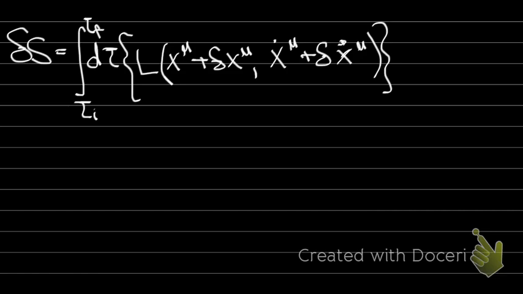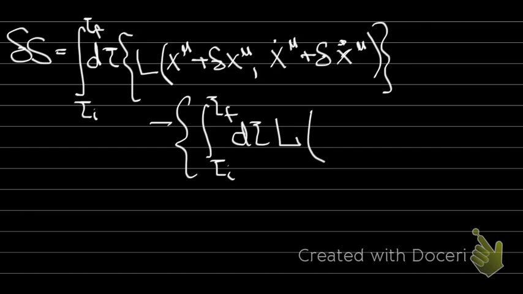Now, because we're computing the difference, I would have a negative, and over here its initial Lagrangian, again from tau_i to tau_f d tau, as a function of simply x^mu and x dot^mu.